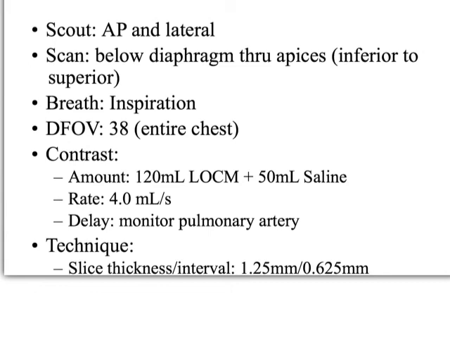Pitch again is going to be 1.375, and KVP is going to be about 120, and MA, we can do auto MA on this, but probably the peak MA we're going to want is about 500, and again that has to do with how quickly we are scanning. And this is primarily used just to rule out pulmonary embolism.